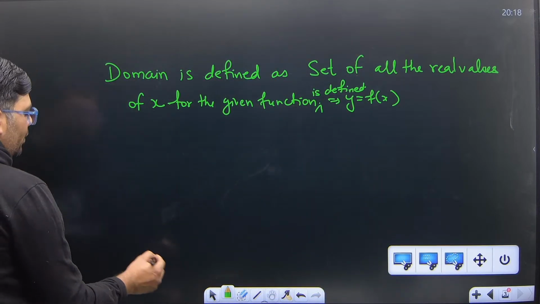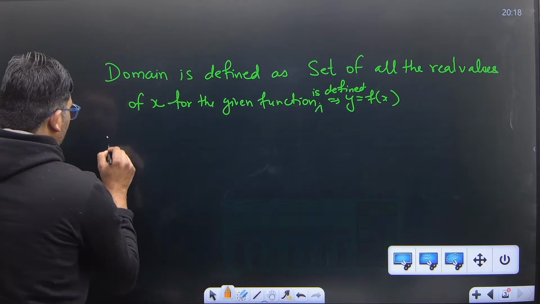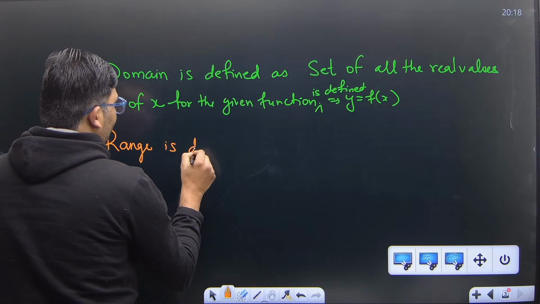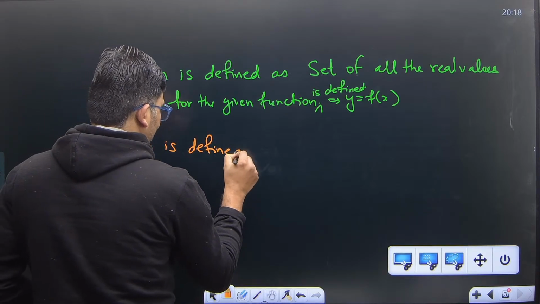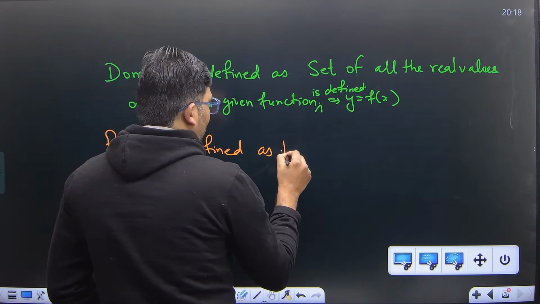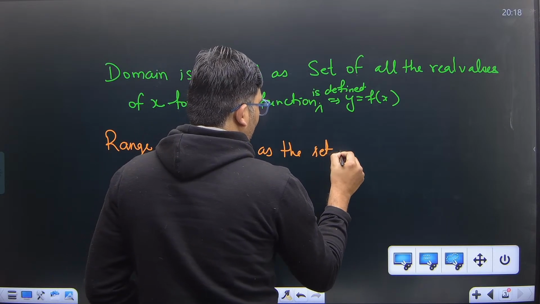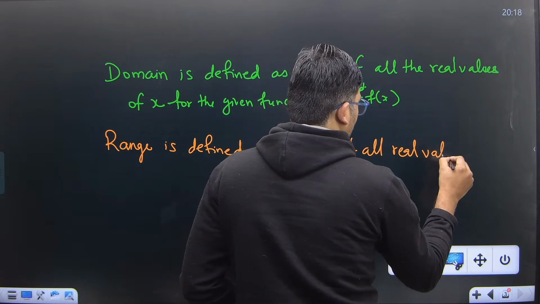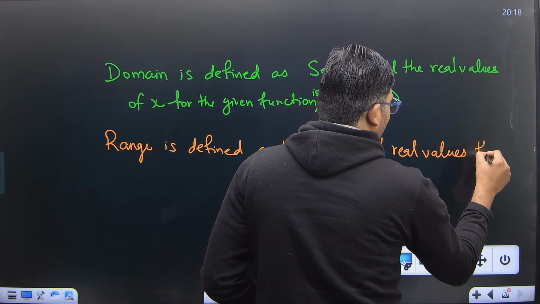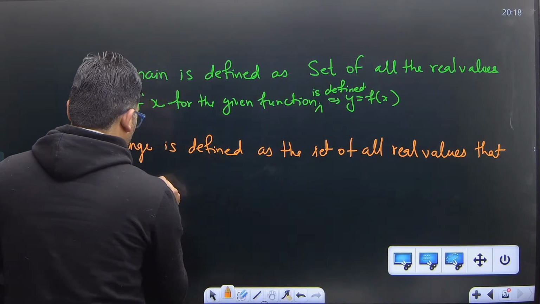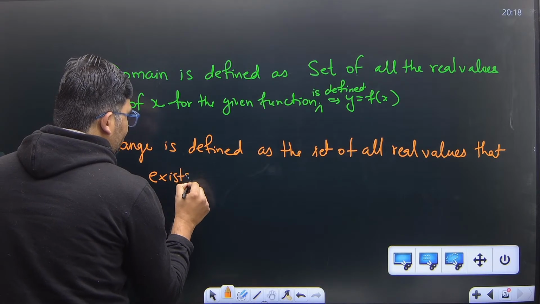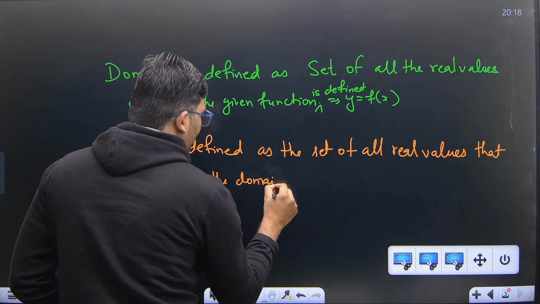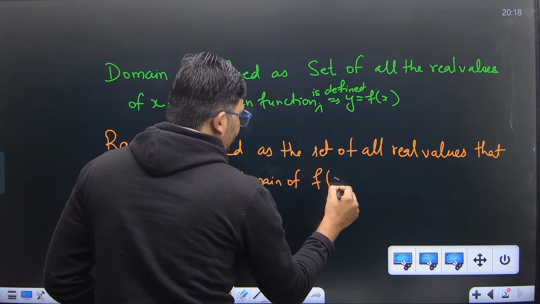If I ask you what the range is, we will write: range is defined as the set of all real values that exist in the domain of function of x.